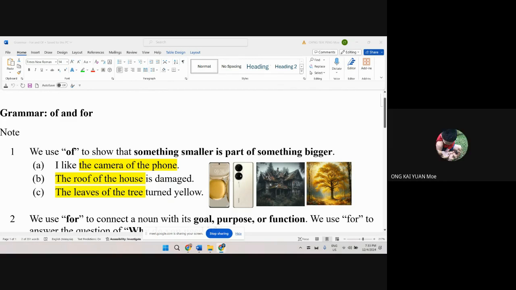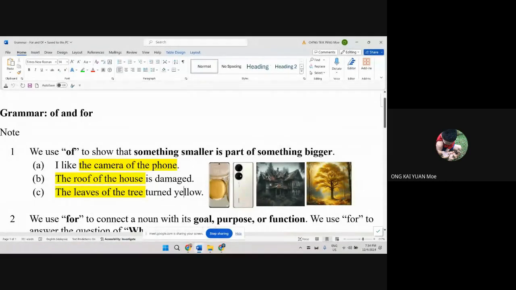How does the tree leaf turn yellow? Turn yellow means become yellow. No, I meant how does it turn yellow? It slowly becomes yellowish. For some trees, when the season changes, the leaf will change color as well.